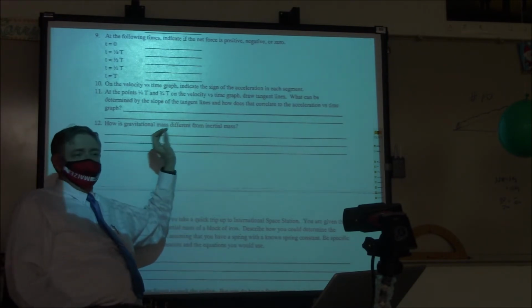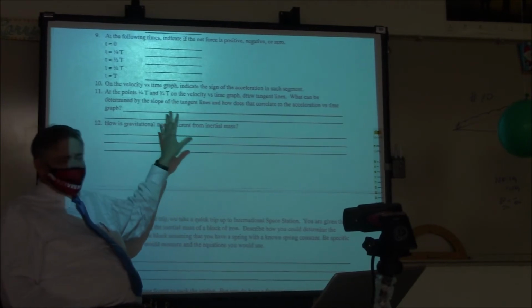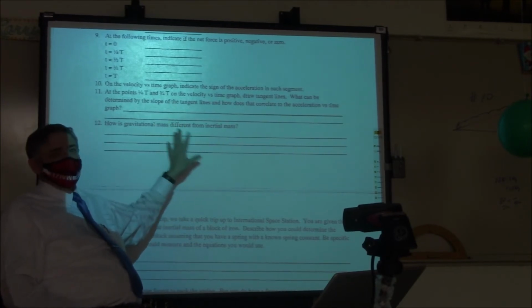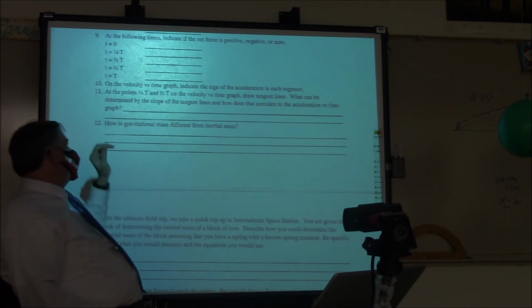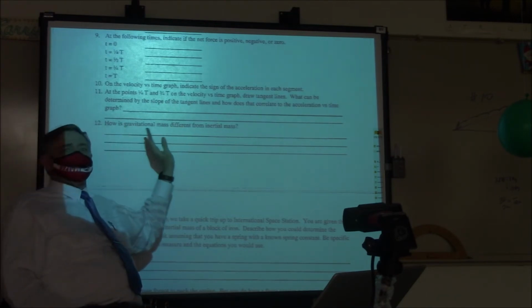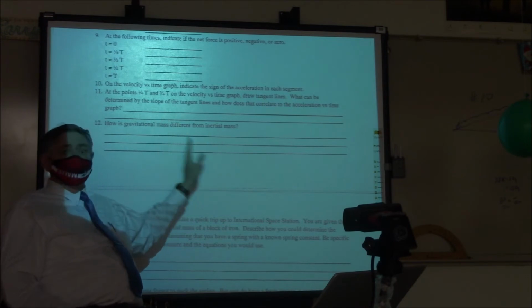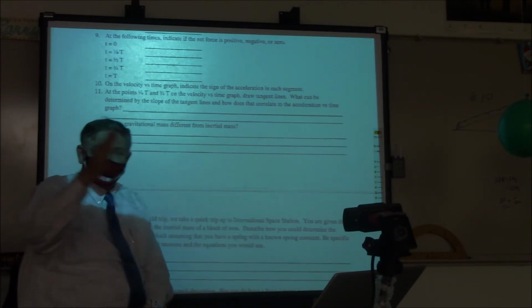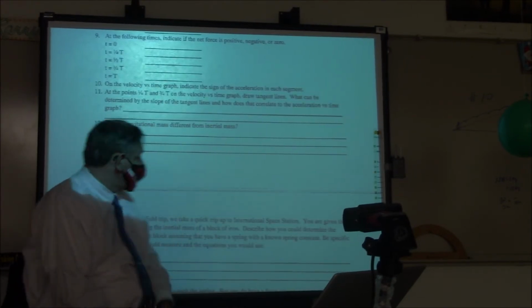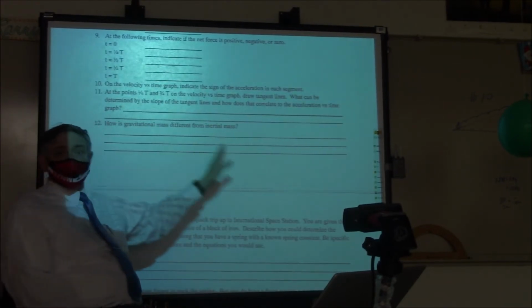You have access to Google, you can ask your phone, you can look it up, whatever. But you want to use the word while in this answer. So you can say, gravitational mass is da-da-da-da, while inertial mass is da-da-da-da-da. I'm not asking you what's the definition of gravitational mass. I'm asking you, how is that different?